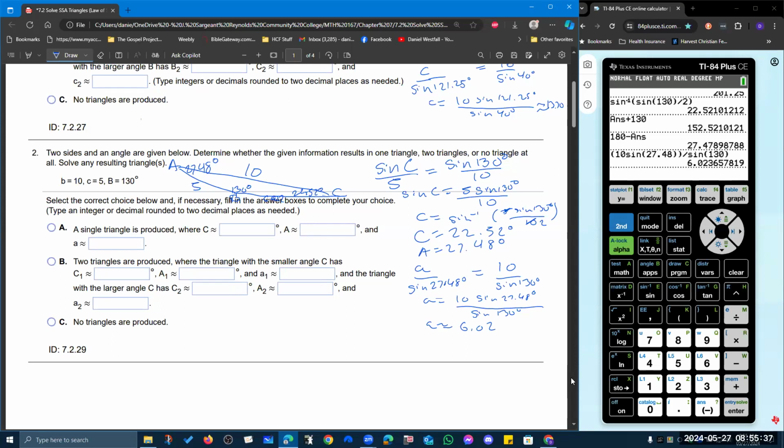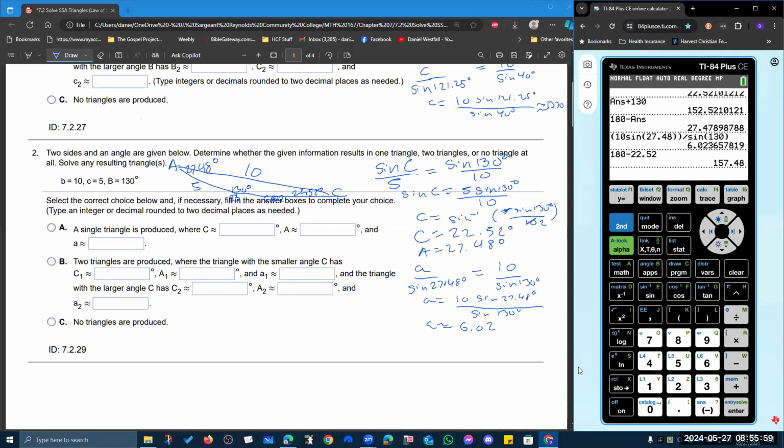Now I'm going to see if there's a second triangle. So I'm going to say clearly there's not here because I already have my obtuse angle here. I can't get another obtuse angle, but I'm just going to show that to you, that this angle C that I solved for, 180 minus 22.52, is too big for me to add to 130 degrees, and I'm well over 180 degrees.